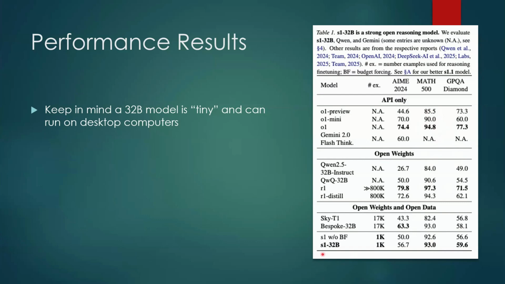And this one here, you can actually run on your computer. So think about how powerful this method is: only 1K rows of training data, $6 of compute to train, and you have something that works as well as some of the frontier models.